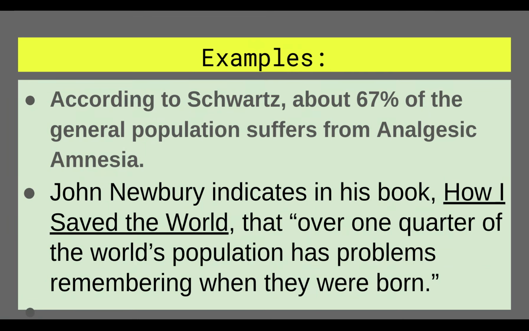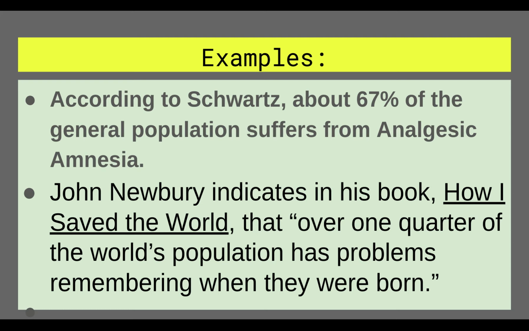I'm giving you some examples here which could help a lot. Notice the first sentence gives me credit. According to Schwartz, about 67% of the general population suffers from analgesic amnesia. I really must apologize. There is no such thing as analgesic amnesia, at least that I'm aware of, but this is an example.